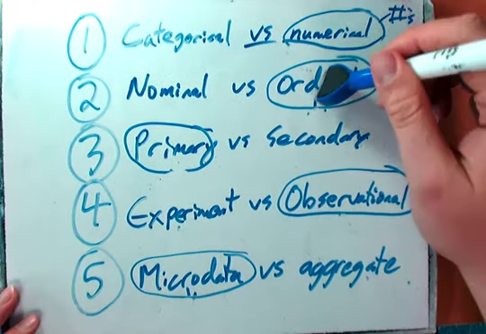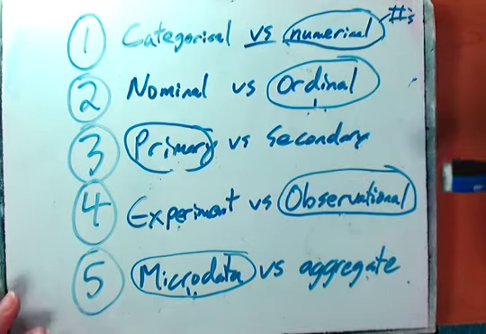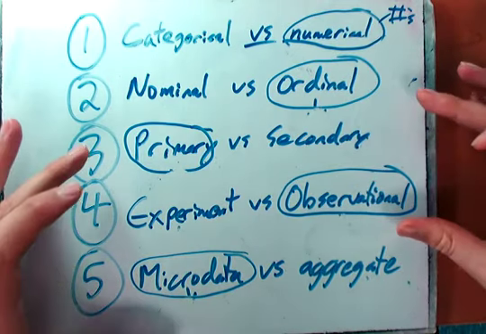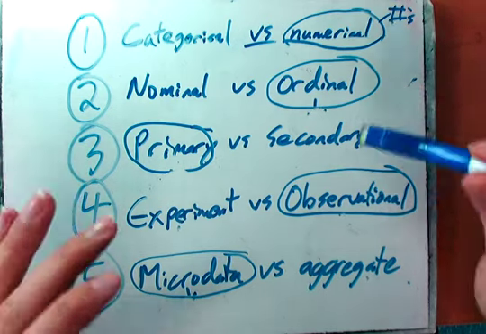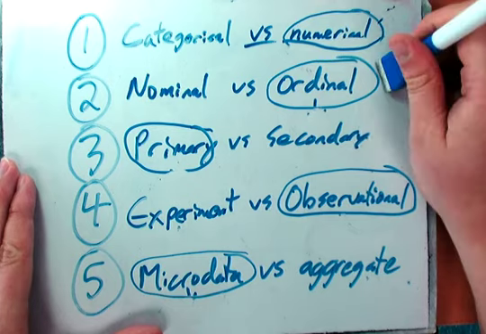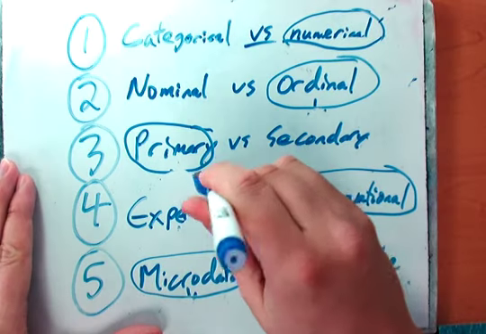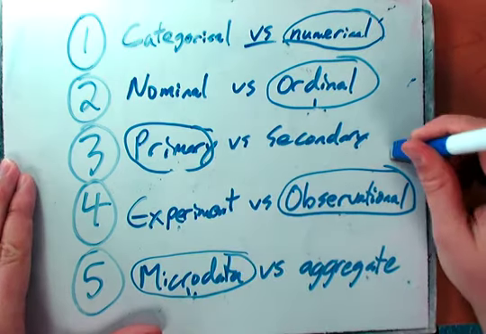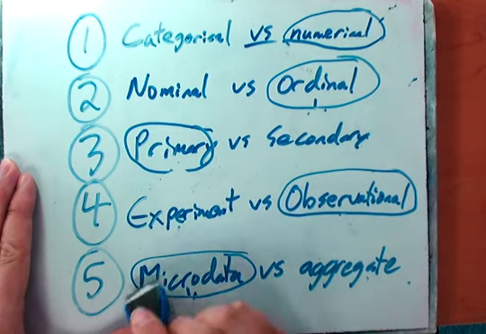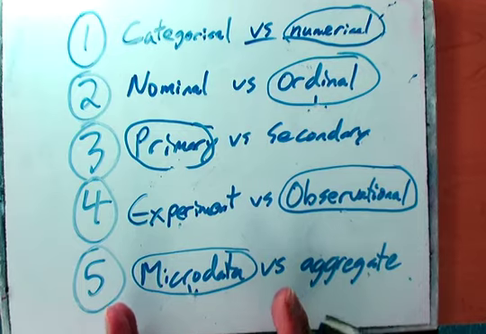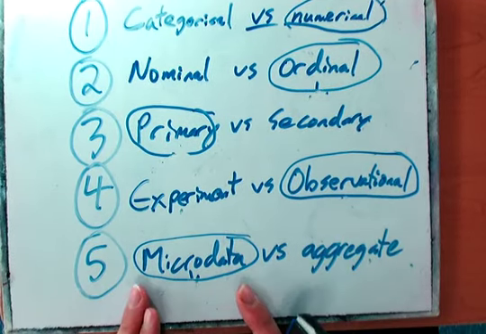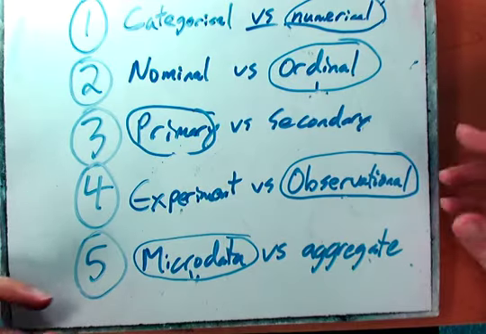You're going to want to go through and identify those for the data situation that I give you, and then you'll want to write why. So in this case, it's because it's numbers, because those numbers have an order, because they're directly measuring, because they're observing and not experimenting, and because they have a section of data that is microdata. It's not an aggregate of multiple kinds of data.